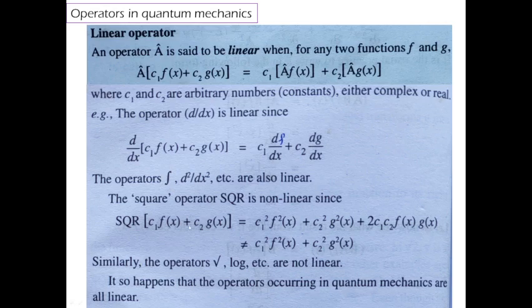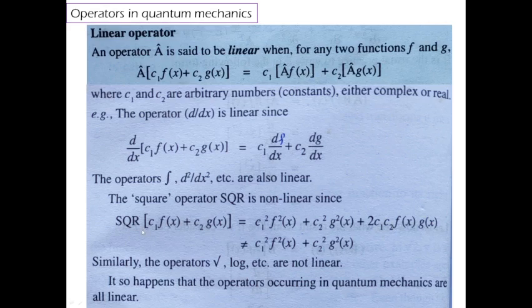The square operator is a nonlinear operator. Why is square a nonlinear operator? If we operate on the function c1 f(x) plus c2 g(x) with the square, then the square of this function comes, and an additional term will also come, so that will not obey this particular condition.